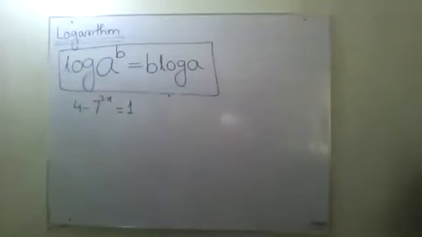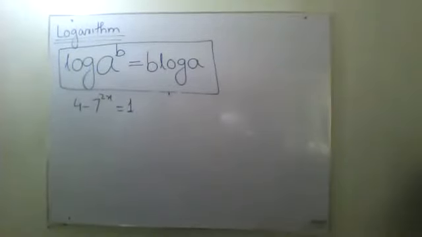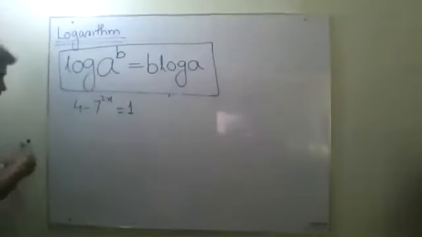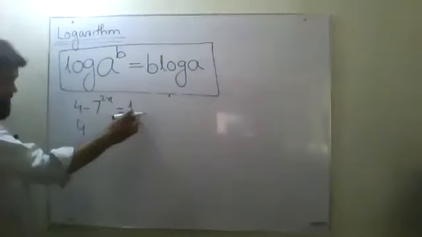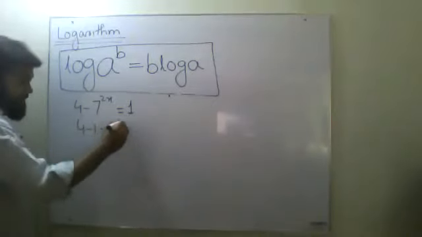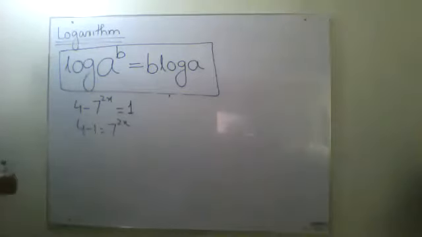So, what we are going to do is work it in this way. 4, 1 shifted over here, minus 1, 7 to the power x shifted over here in positive.